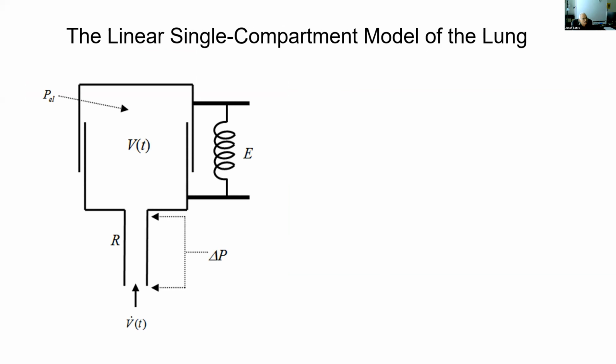And I put a spring connecting the upper and lower portions of that, so that as the volume in that unit expands, the spring gets extended and it generates a recoil pressure inside the unit. And it is served down the bottom there by a single conduit representing the airways. So we've taken all those incredibly complicated airways and represented them by one pipe, and all those gazillion alveoli and represented them by one unit.